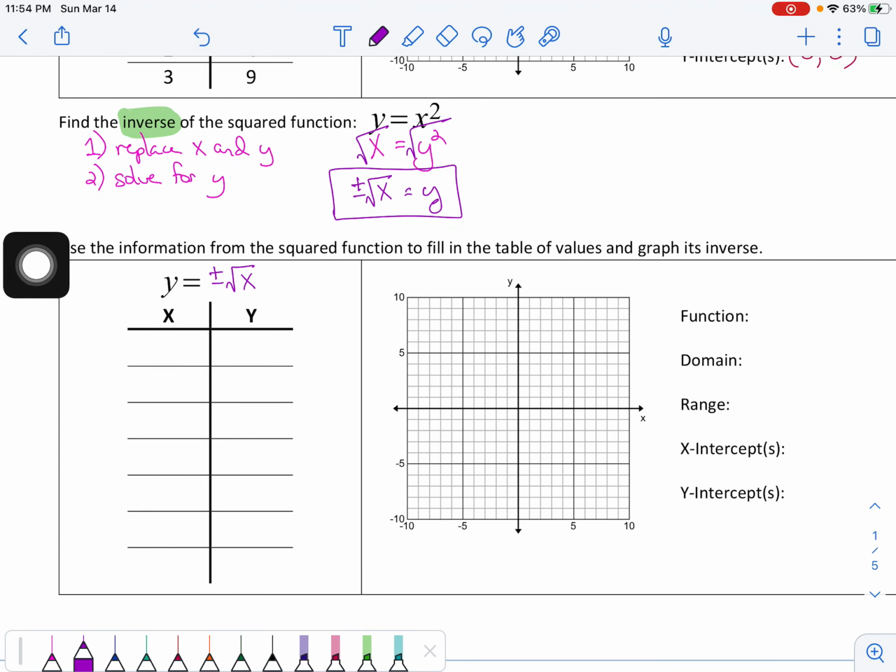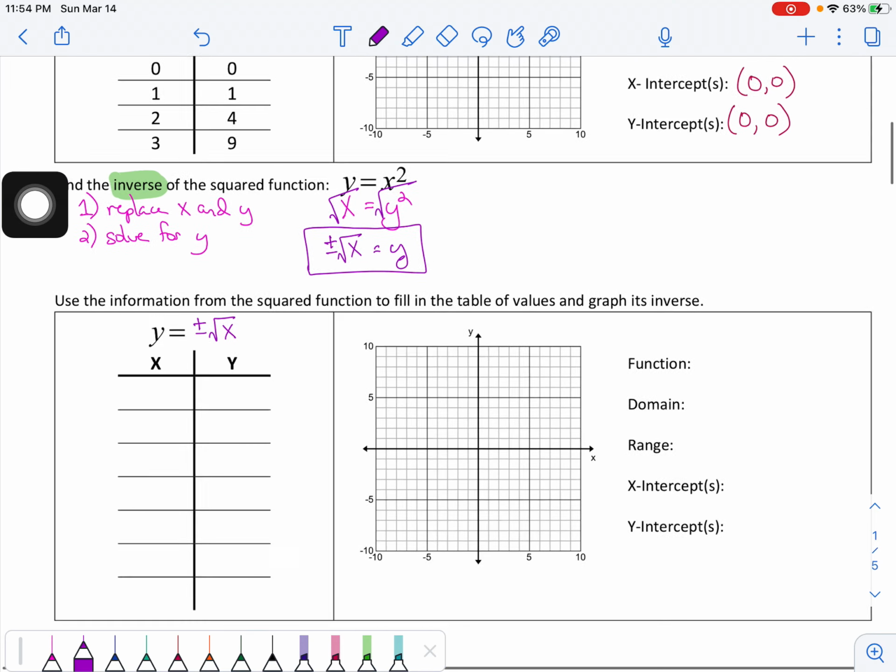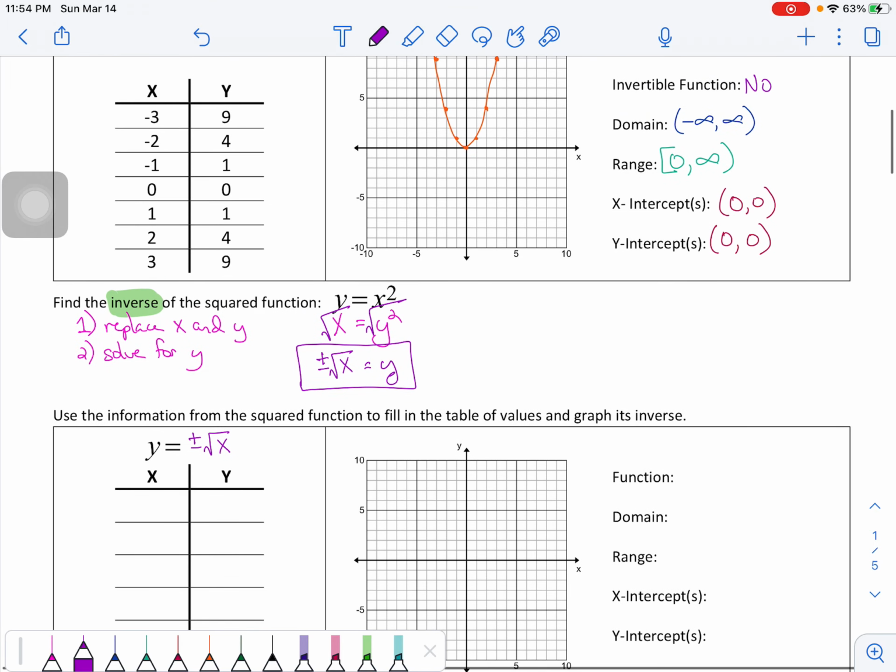So now it says, use the information from the squared function to fill in the table of values and graph the inverse. Now, this is where step 1 comes in, replace x with y and y with x. So in that ordered pair, where x was -3, y was 9, reverse these two.